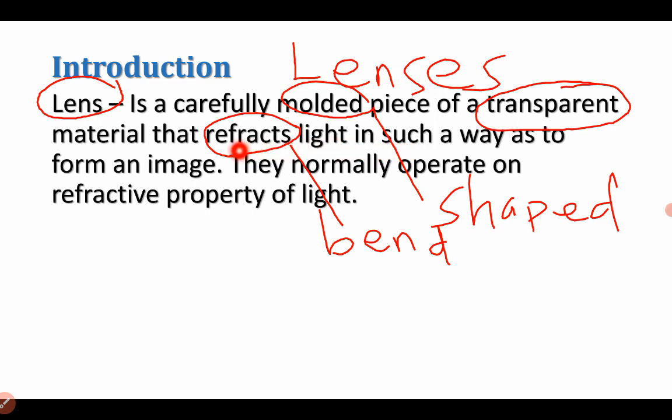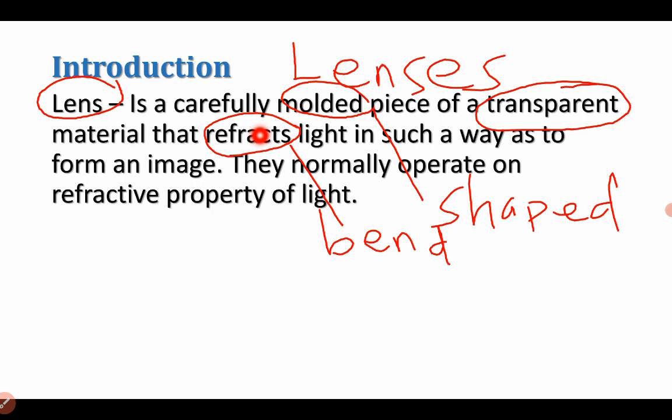You have learned in Form 2 in your junior certificate physics that when light passes through two different media or materials, light bends. Let's say light passes through air and then passes through glass.